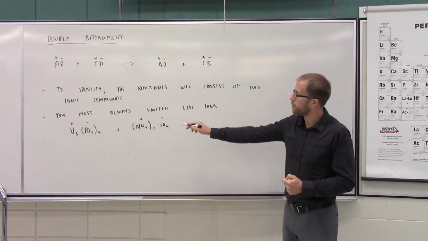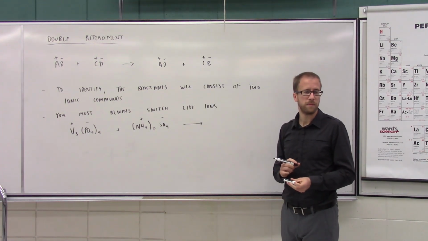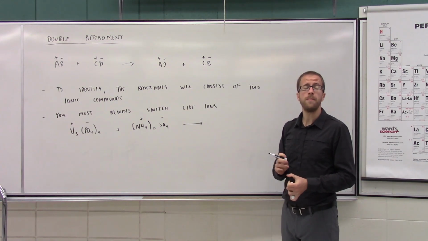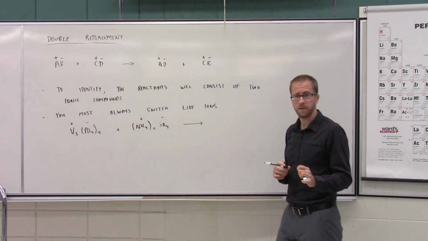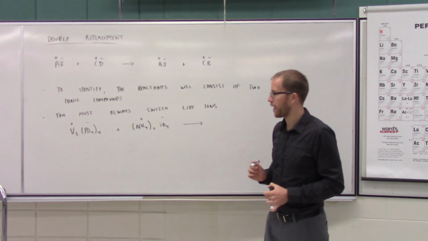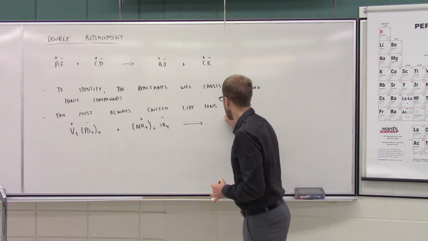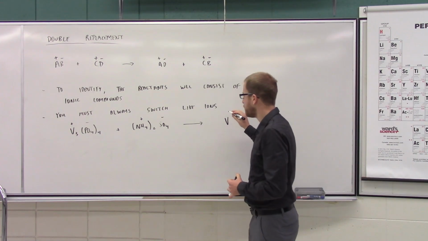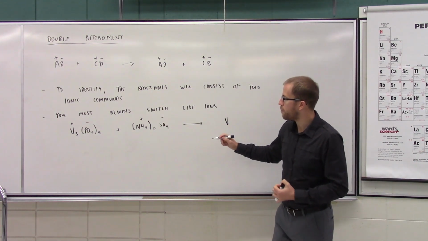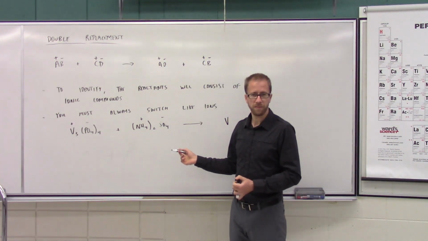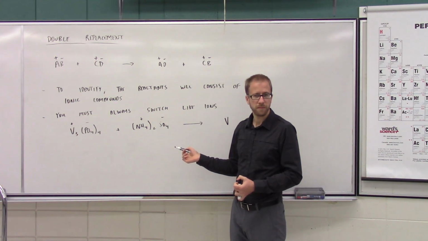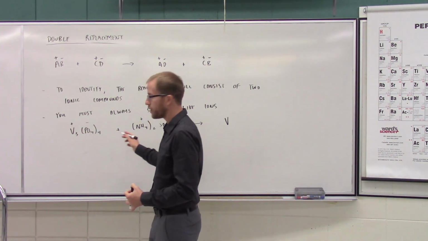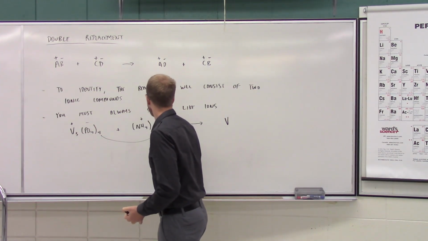So, vanadium, what charge does vanadium have there? What's the magnitude of the charge? You're right, it is positive. Oh, you're good, yeah. It's 4 plus. If you don't know where that came from, you need to work on multivalent metals. So it's vanadium 4 plus, and it's going to be bonded with which ion here? Because we're going to switch. It doesn't matter. You can switch your positives or switch your negatives. We'll switch our negatives here.